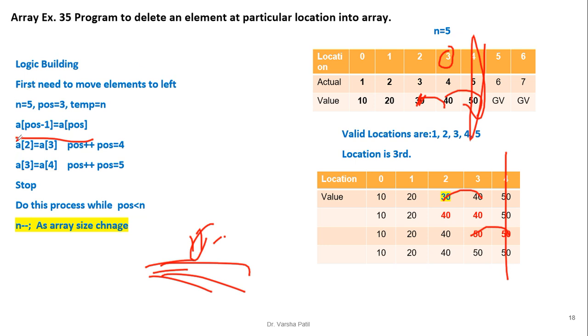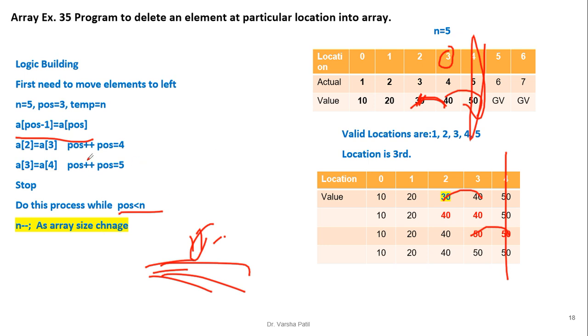So what is the procedure? A of position minus 1 is equal to a of position. A of position is 3, which is nothing but the 40 element, which should be shifted to the position minus 1, and after that we will increment the position, and we will stop this process while position is less than n. As I already told, when the greater than sign is there, we use decrement, and when the less than sign is there, we use increment.